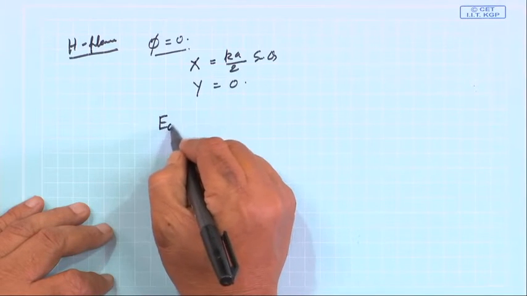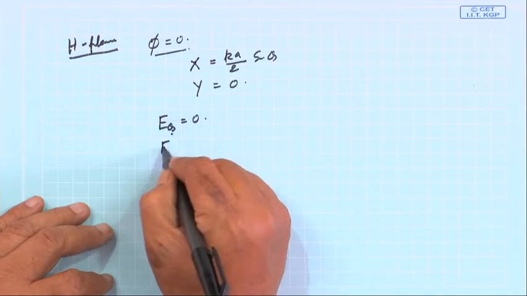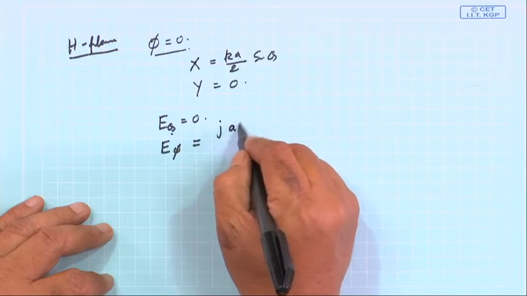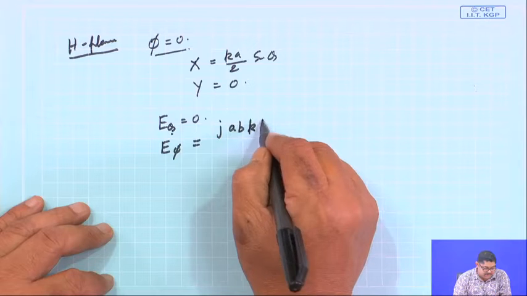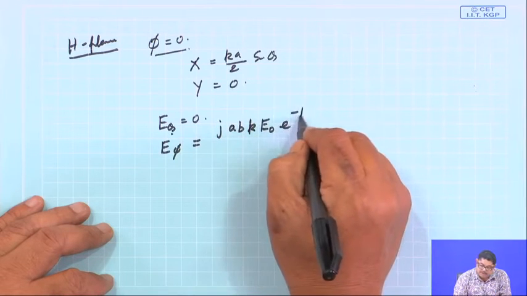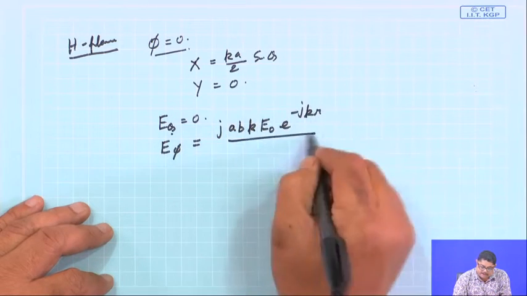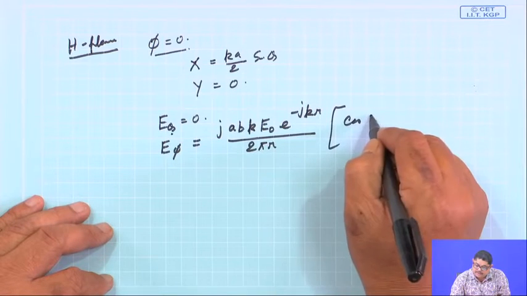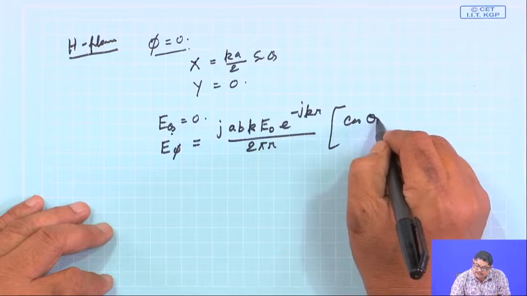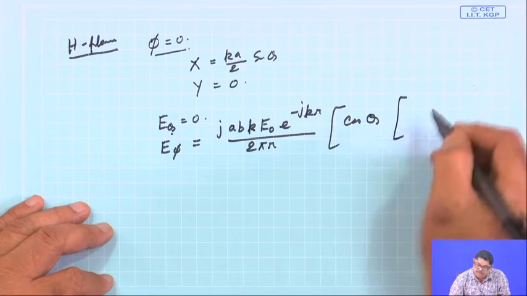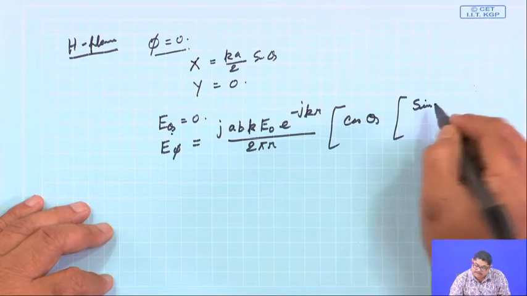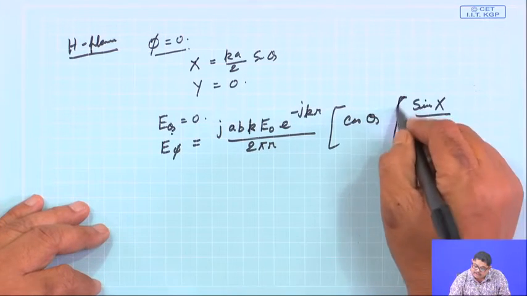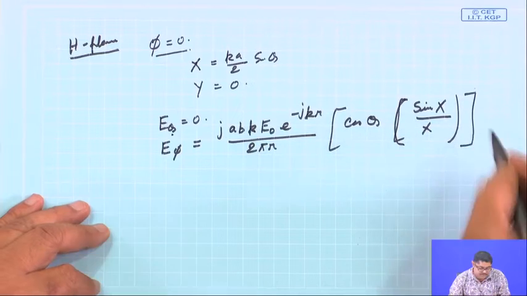So E theta goes to 0, but E phi exists, and E phi has the same constant, j b k E naught e to the power minus j k r by 2 pi r. But here it is not only a sinc function; it is cos theta times sin x by x.